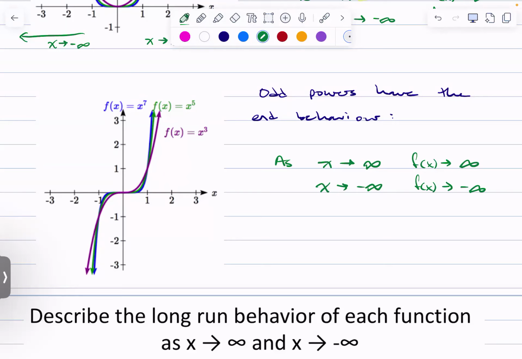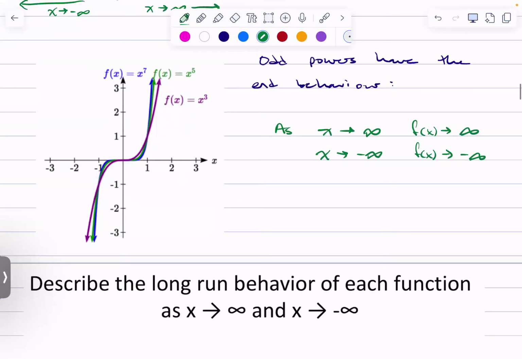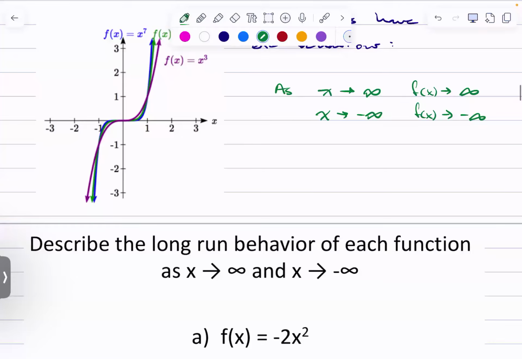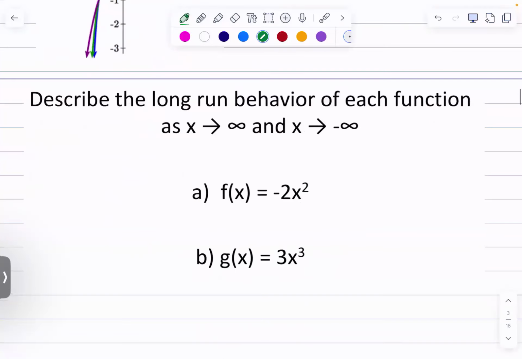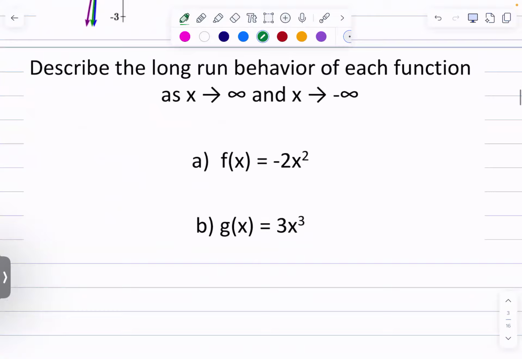Nice. So now, keeping in mind those two general shapes, just two shapes that we need to keep track of, we have to describe the long run behavior of each function. f of x is negative 2x squared.